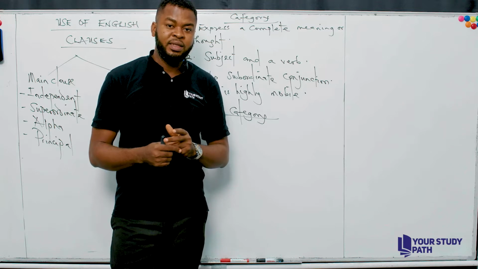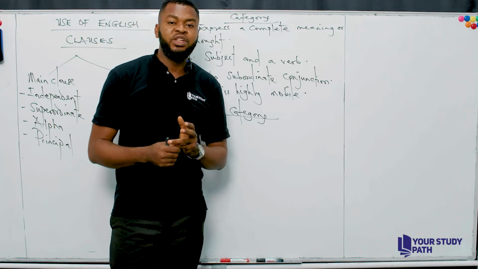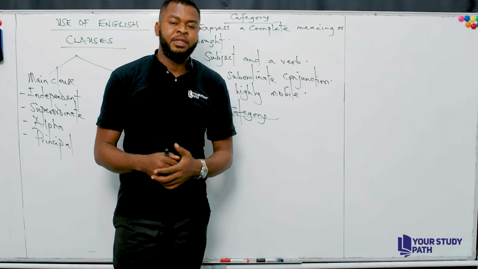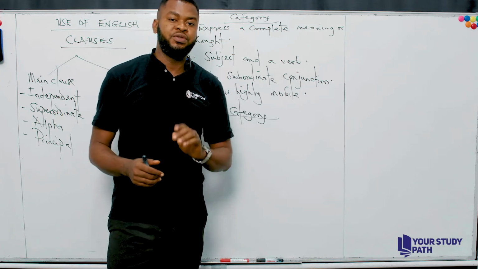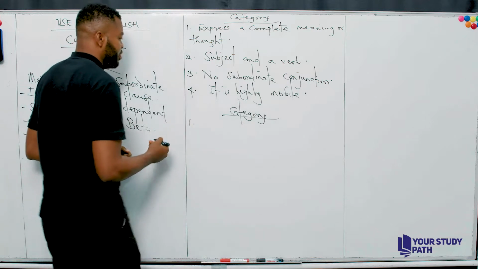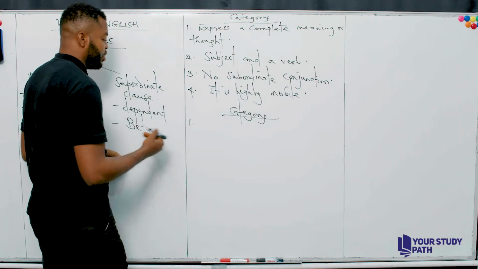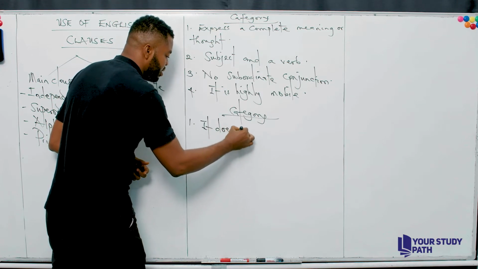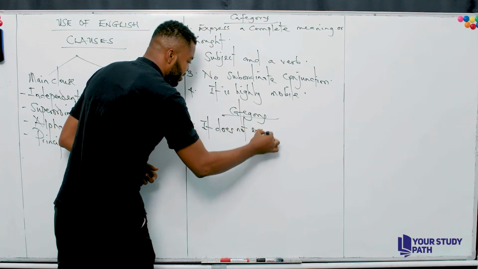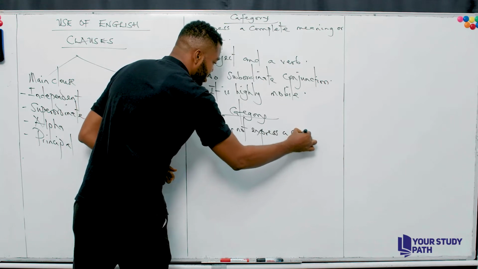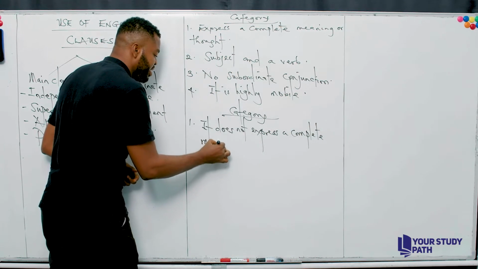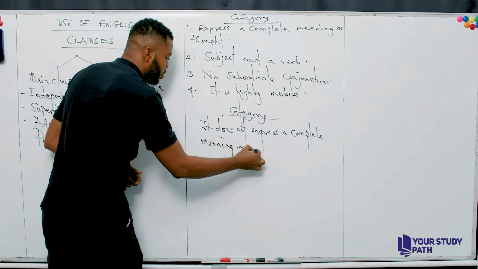Is that taken? Then a subordinate clause would also contain a subject and a predicate. Let's take these 4 important functions. So how do you identify a subordinate clause? Number 1, you can say it does not express a complete meaning. That's the first aspect or idea.